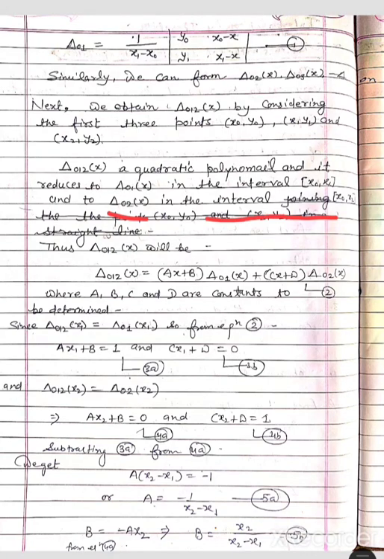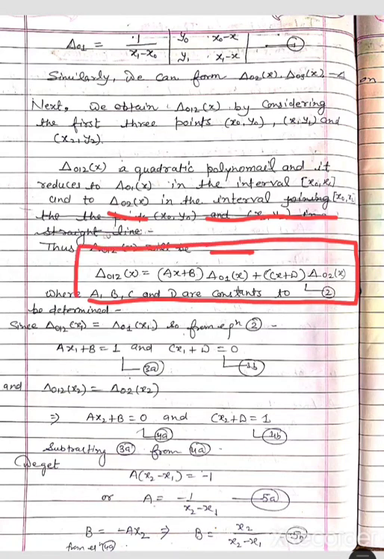So we suppose delta 0 1 2 x has the form represented by equation 2. In this we can see ax plus b is linear and delta 0 1 2 is also linear, and the multiplication of both gives the quadratic form.